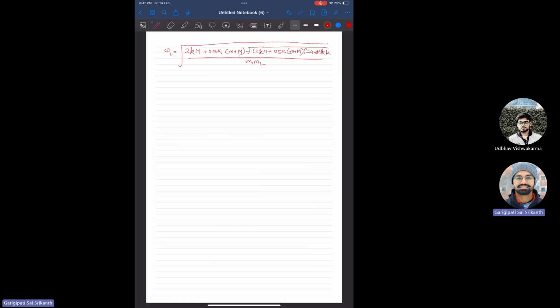So this is omega lower, quite complicated.